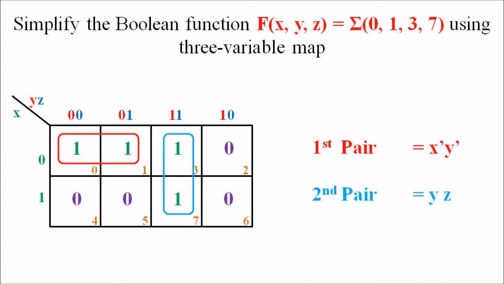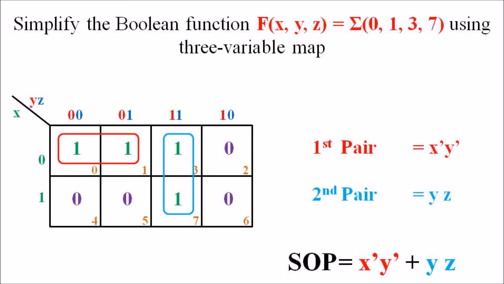Thus the SOP for this Boolean function is x dash y dash plus yz. So the Boolean function f of xyz, represented as sigma 0, 1, 3, 7, can be reduced using the three-variable K-map as SOP equals x dash y dash plus yz.